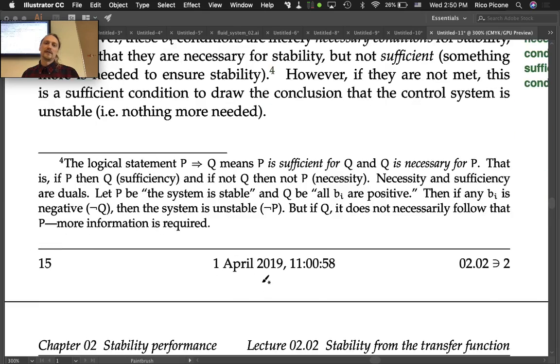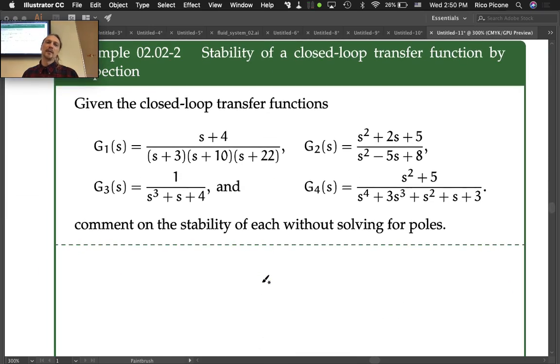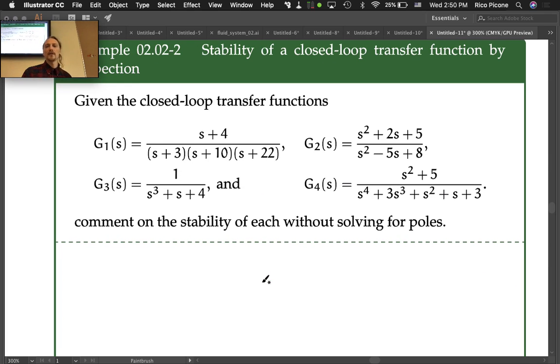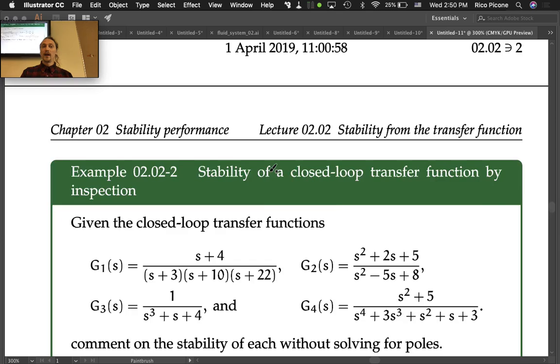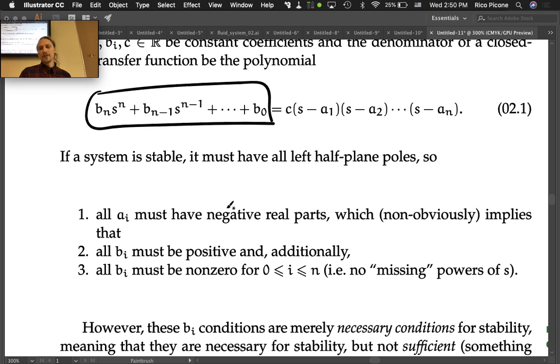So let's look at an example of this. Let's comment on the stability of each of these transfer functions without solving for the poles. G1. The poles are essentially given to us, right? The A's are all negative: -3, -10, -22. All the A's have negative real parts, and since they're also the poles, we've essentially cheated and solved for the poles.